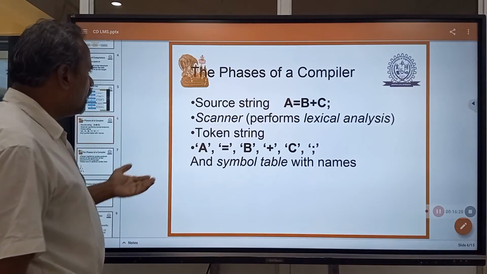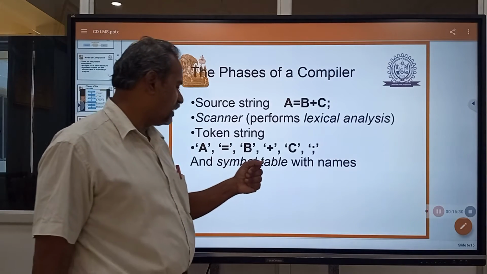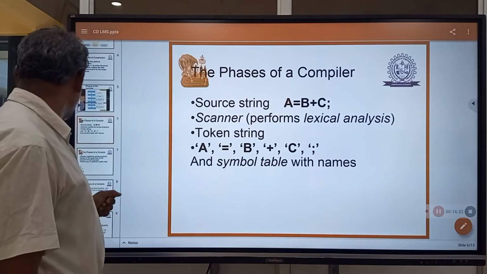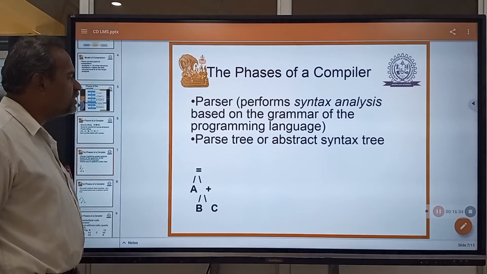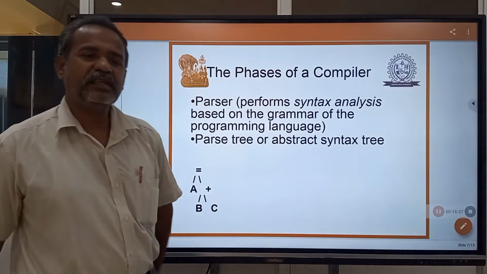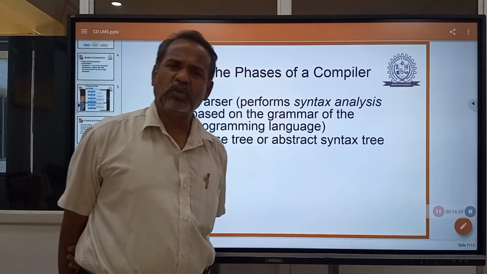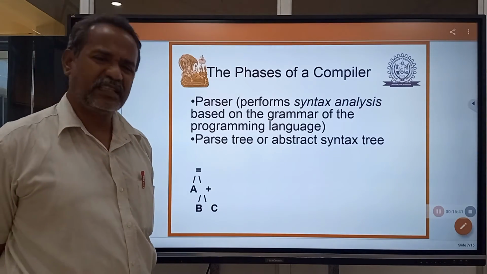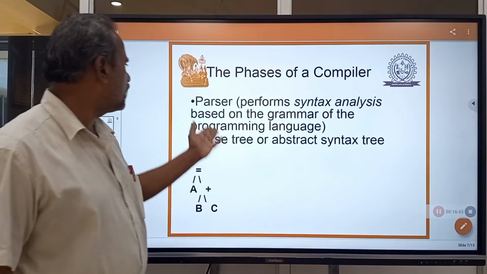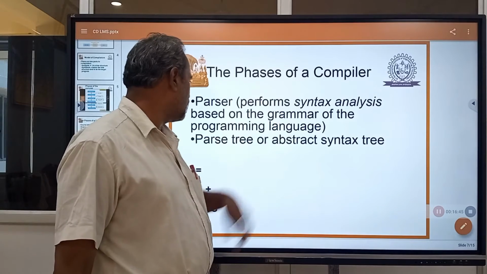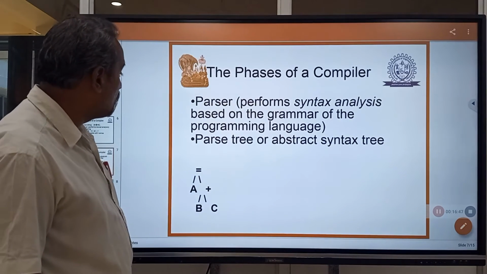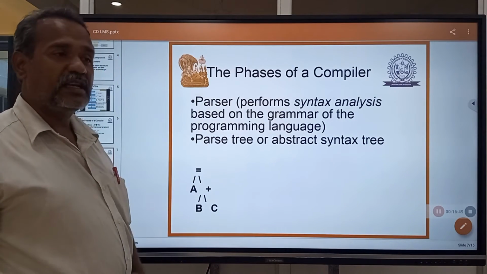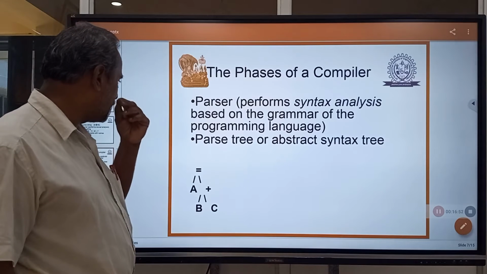Fine. After the lexical analyzer, we move to the next phase, the syntax analyzer. In the syntax analyzer, it generates a tree structure. Just see what happens. The syntax analyzer, or the parser, gets everything from the tokens generated in the lexical analyzer and passed to the syntax analyzer.